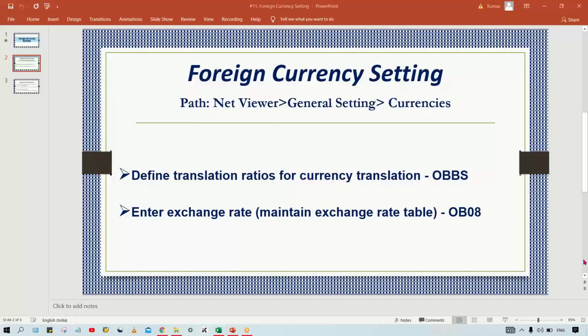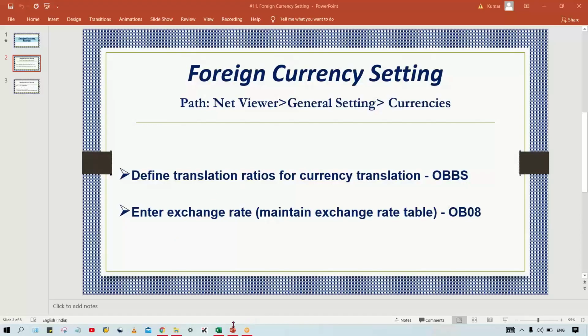Okay, no issues, I'll explain, guys. Don't worry, there will be a very simple explanation. Practically, I'll show you. We have to define this translation ratio. What is the logic behind that? I'll come back to this.